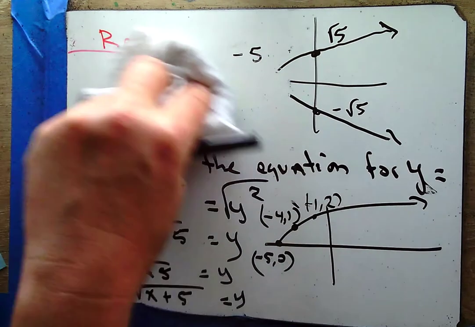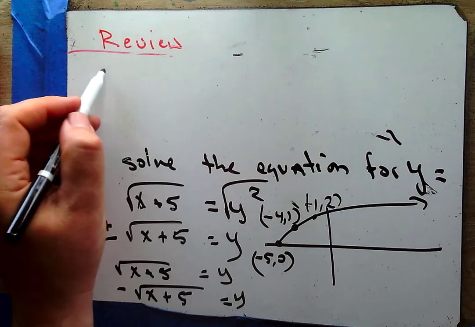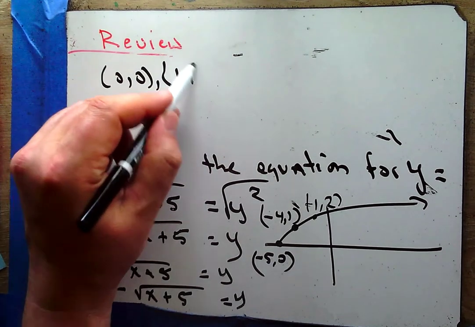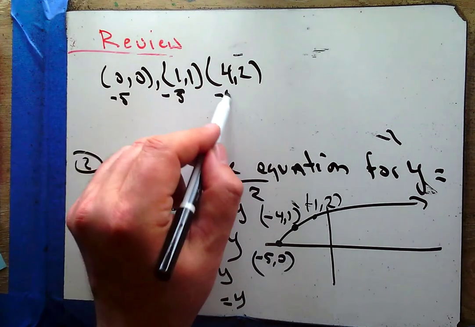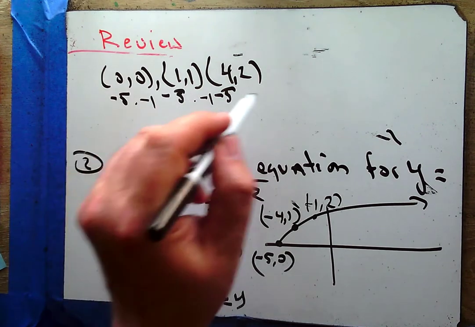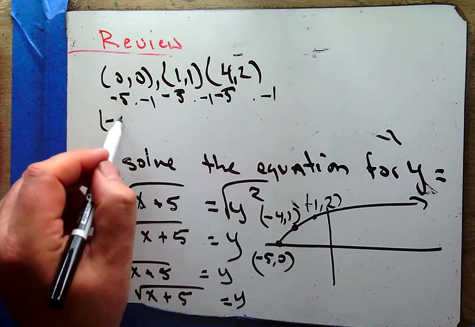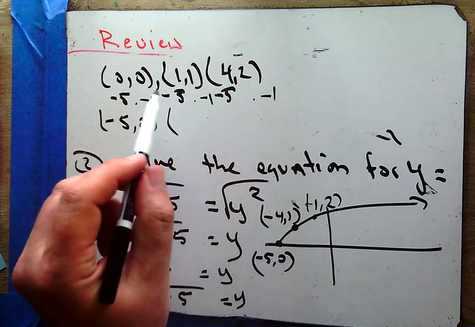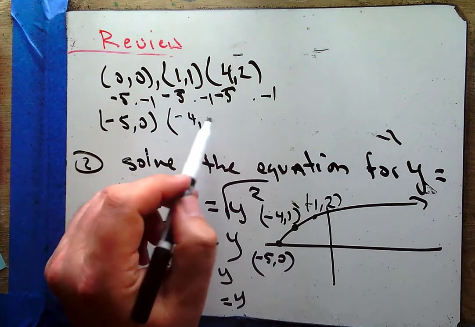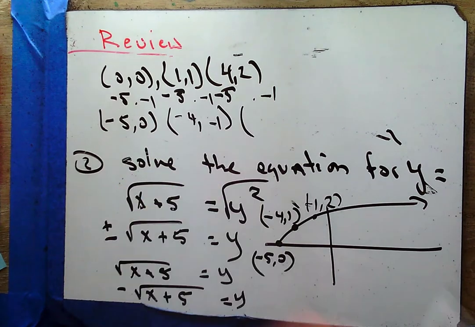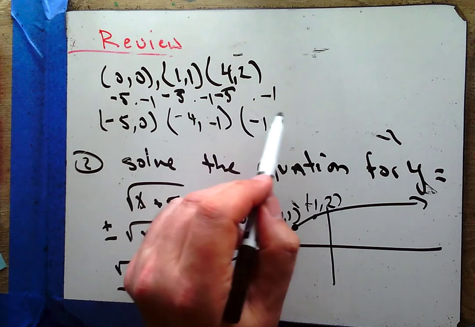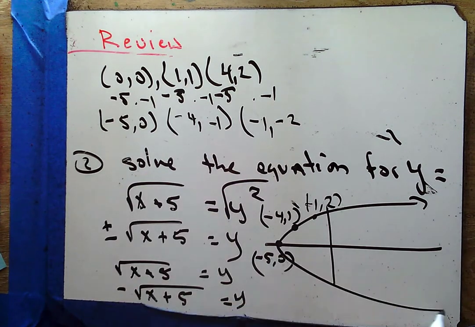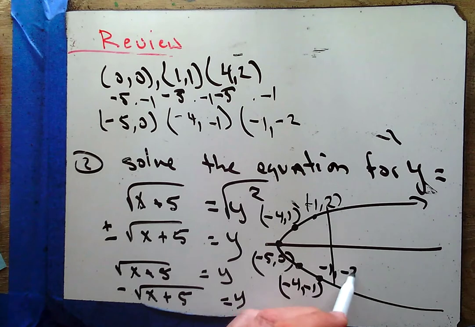So I would start with my reference points, and I would subtract 5 from the x's and multiply the y's by negative 1. And so my new points would be negative 5, 0, negative 4, negative 1, and negative 1, negative 2.